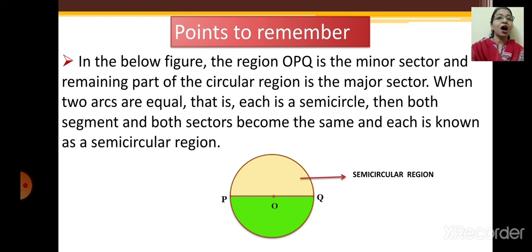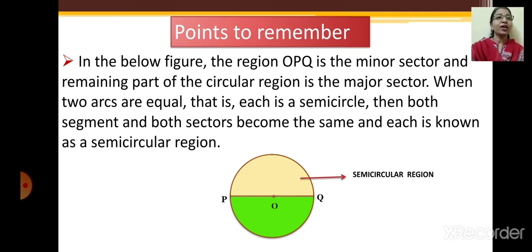So when two arcs are equal, then each is a semicircle. Then both the segments and both the sectors become the same and each is known as a semicircular region.